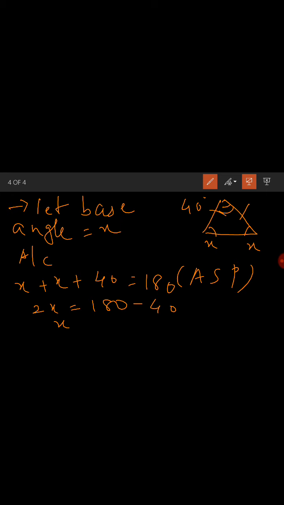So it will be 2x equals to 180 minus 40, which equals 140. Okay, copy down this much in your notebook, students. I am giving you 1 minute of time.